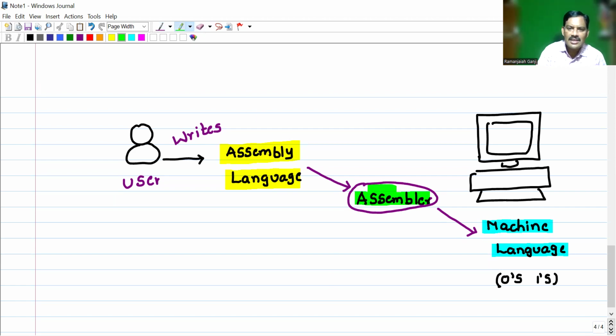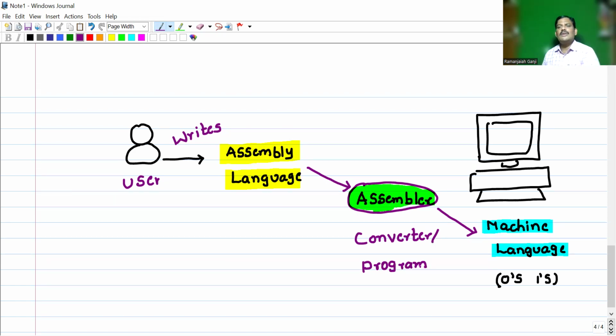That is called an assembler. Assembler is a translator or a converter. It is a program. It is not hardware. It is totally a program, a converter or translator which converts assembly language into machine language.